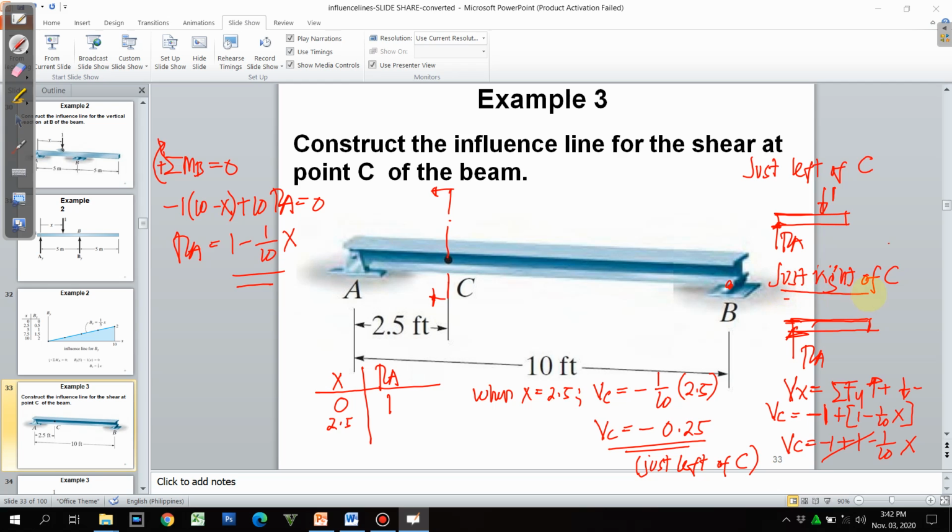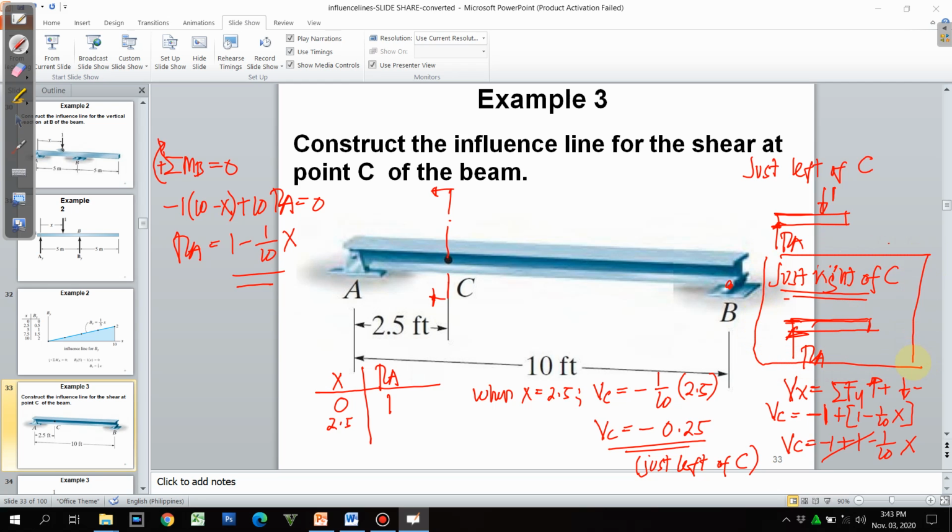So just right of C, 1 is no longer in the segment AC.